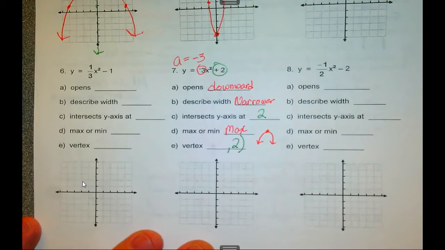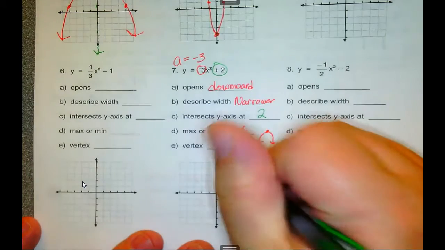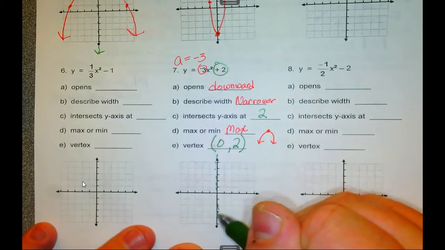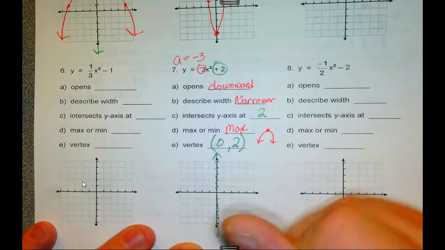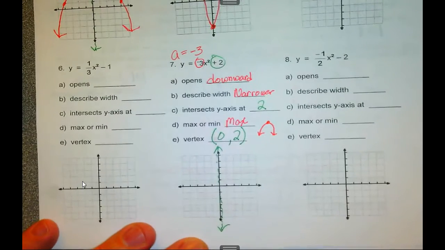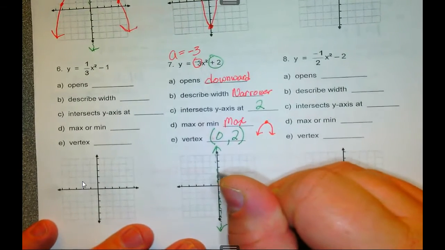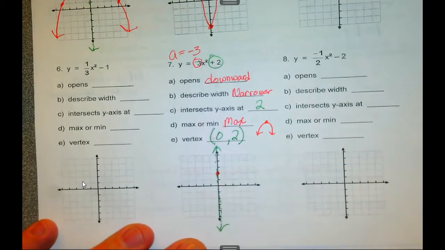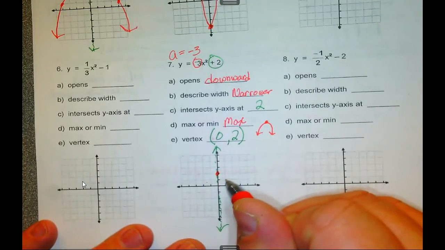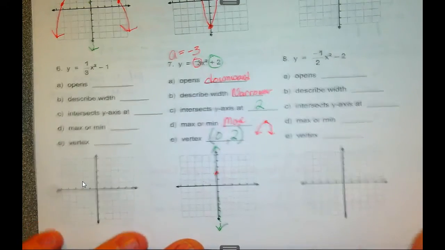And my x value on the y-axis is always going to be 0. Okay, remember, that's the axis of symmetry. We haven't gone off of the y-axis yet. Okay, so I know that 0, 2 is my vertex. I need at least 2 more points, actually 1 point because it's symmetric, and then I can sketch my graph.